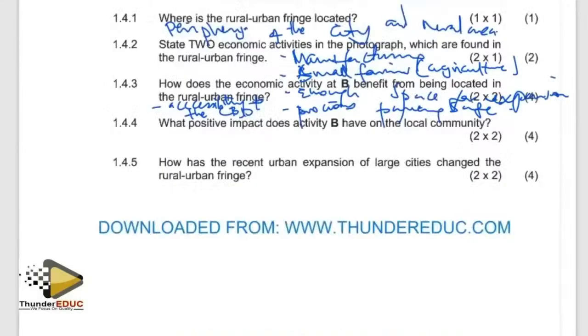Okay, how has the recent urban expansion of large cities changed the rural urban fringes? How has it changed the rural urban fringes?